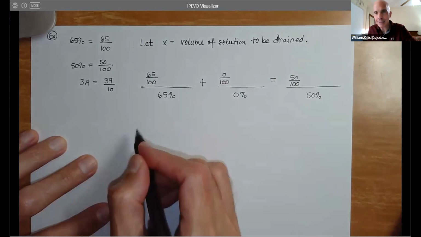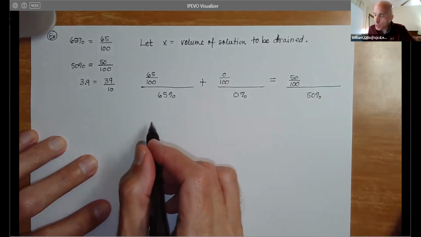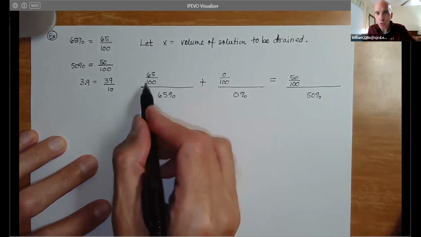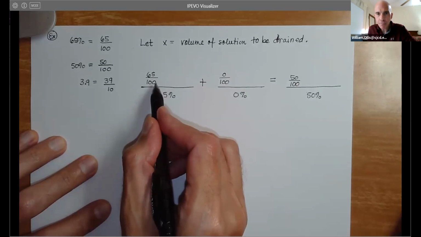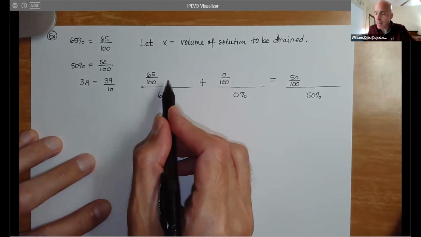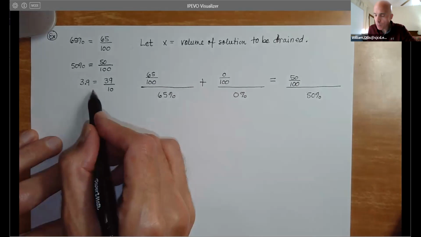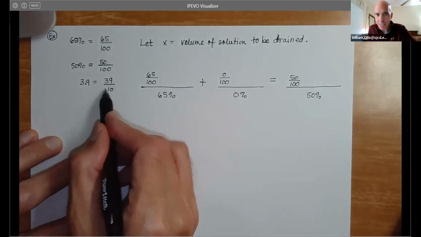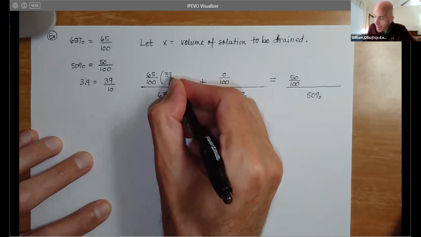Be consistent. Now, help me out. Once we remove part of the 65%, how much do we have left of this? So we go over here and say, oh, we start with this much, and we subtract X.